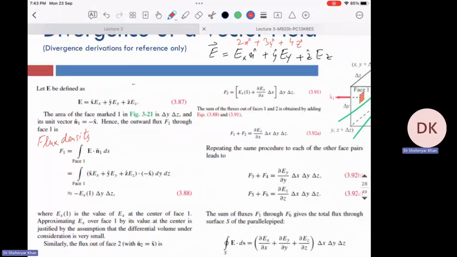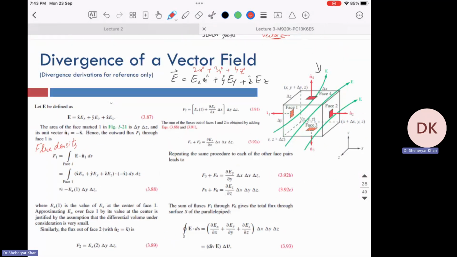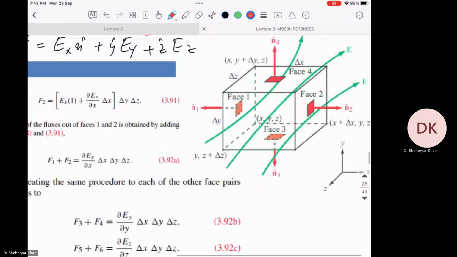We see that flux is equal to E dot ds n. Here n stands for the normal direction. Any flux that's going like this or this, we will not consider. We only consider the flux which is along the normal direction. That's why we write this n. And you see this minus x, because if you see F1, F1 is along the minus x direction.